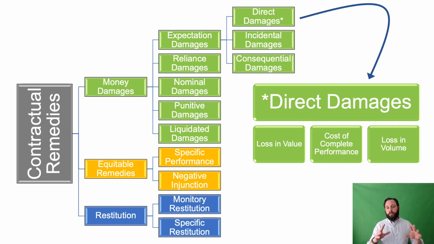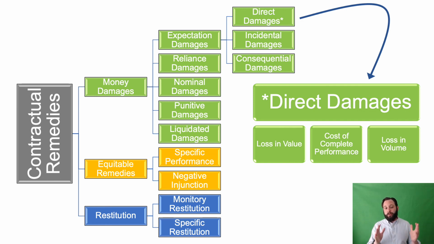But this video was focused on this essential element of calculating the direct damages, and we used a formula to understand the principles, where that number comes from, but in fact it's relatively straightforward. We're going to look at the cost of substitute performance minus the cost avoided, and that will result in the loss in value. Conceptually, we think of it as what's the difference between what the party received under the contract and what they expected to receive, and that difference is the loss in value.